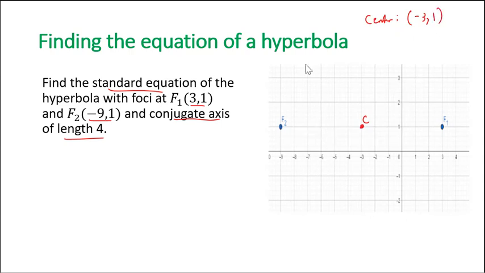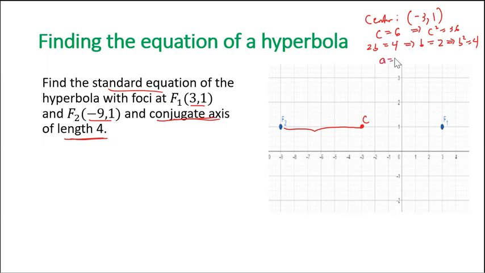And then the distance between the center and one of the foci is 6. So c is equal to 6, which means that c squared is equal to 36. Now the length of the conjugate axis is 4, so 2b is equal to 4. Solving for b, we get b equals 2, which implies that b squared is equal to 4.